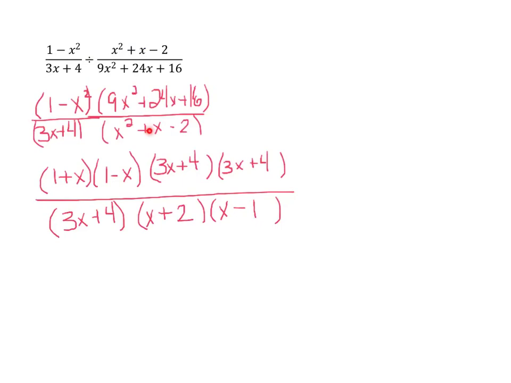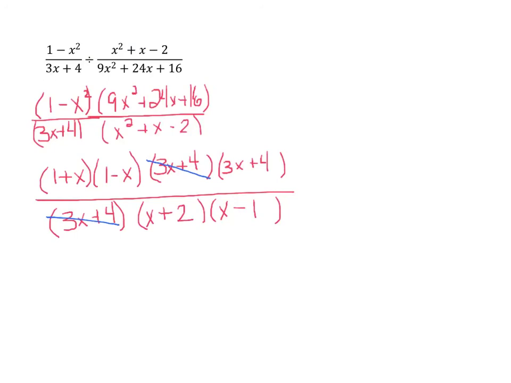Now that I've done that, I can start canceling different things. I noticed that 3x plus 4 canceled. Now again, just like in the last problem, I have 1 minus x, and then I have x minus 1.